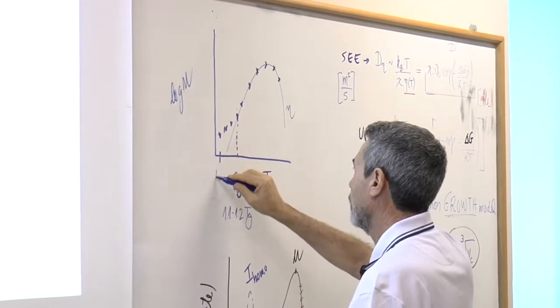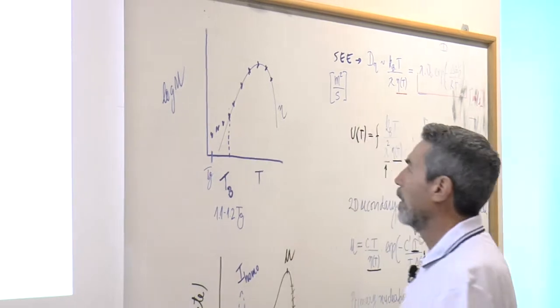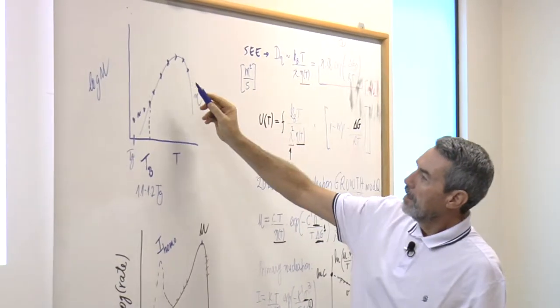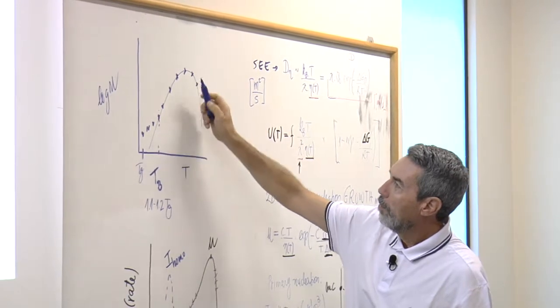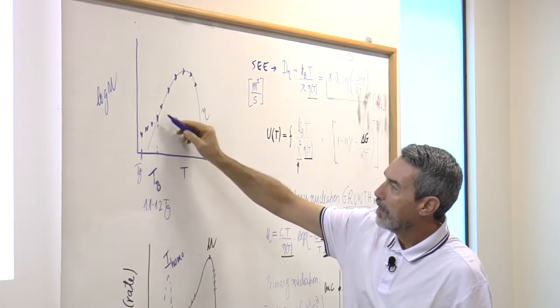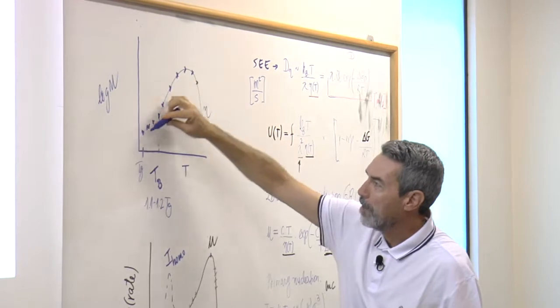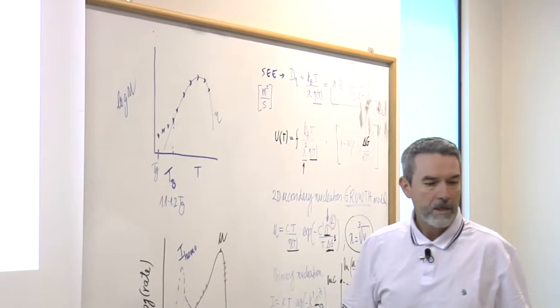So here would be the Tg of the glass. The curve calculated with viscosity can no longer describe the data because there is a breakdown.